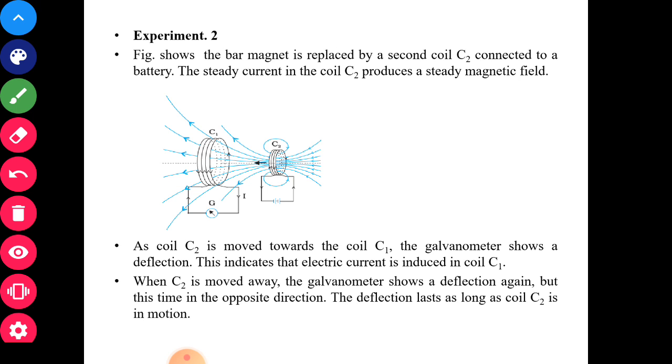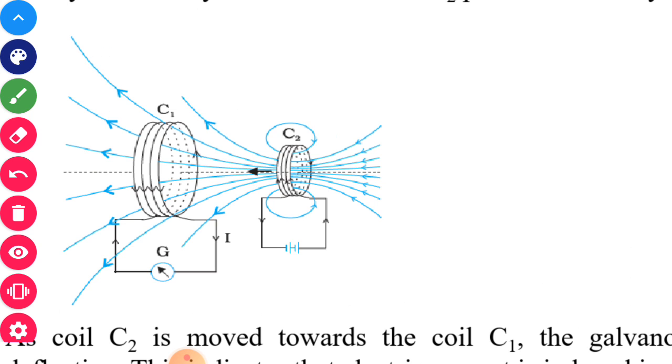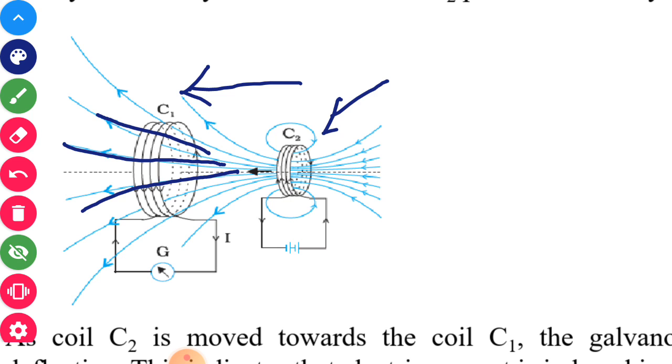As coil C2 is moved towards the coil C1, you are taking the coil C2 in the direction towards C1. So you can see that the number of magnetic field lines associated with this first coil will increase.